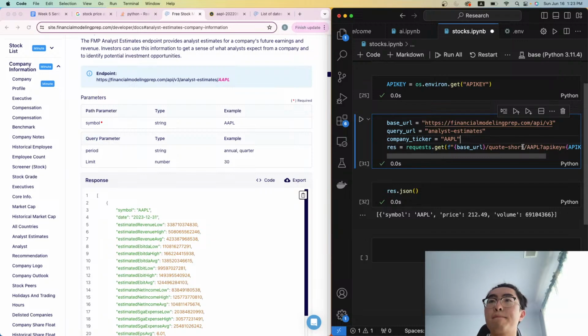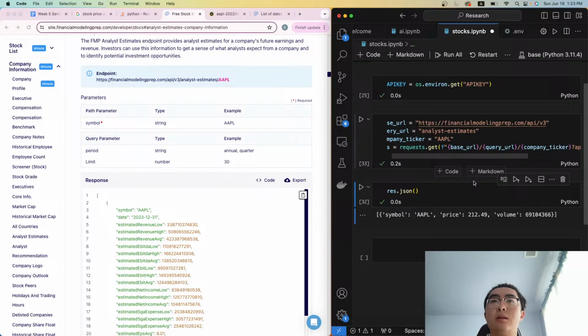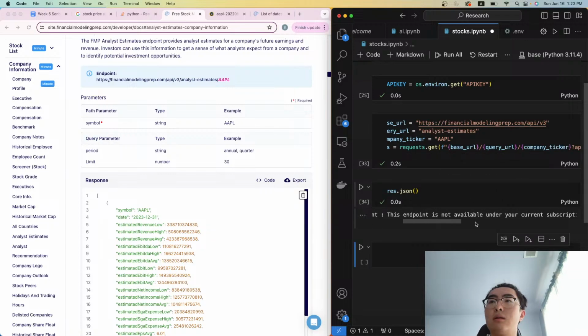Okay. Oops. Query URL, then company ticker. Oh, shoot. Okay.